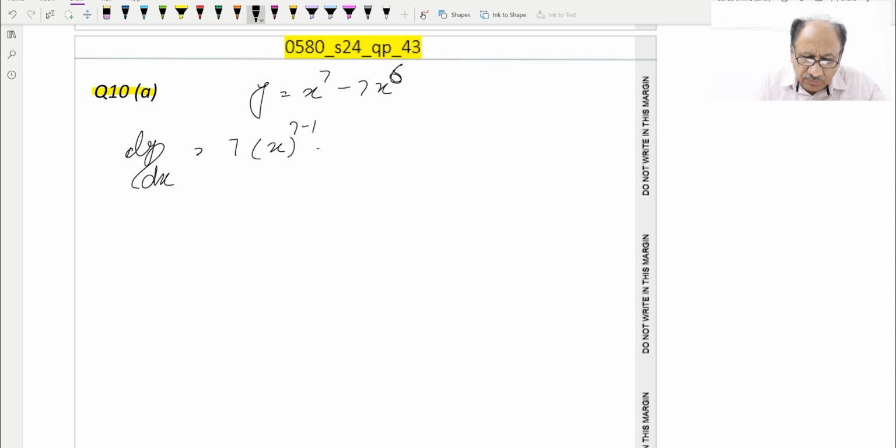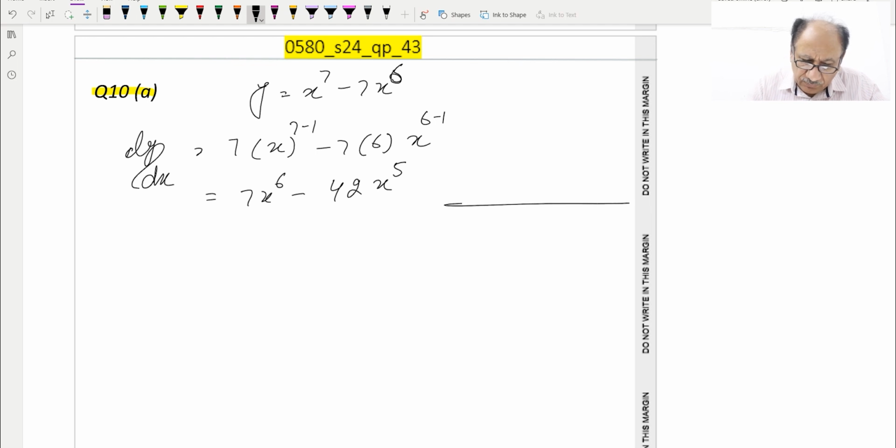So 7 minus 1, minus 7 into 6, and x raised to 6 minus 1, which we can write as 7x^6 minus 42x^5, and this will be the proper answer. This is a 2 marks question which we have done.